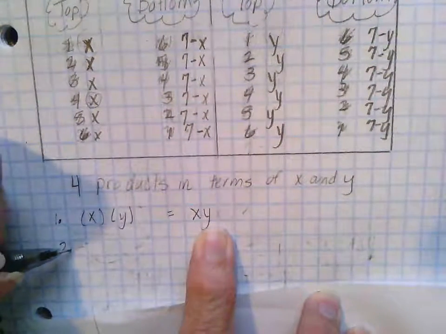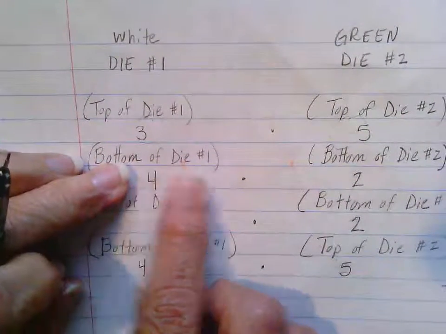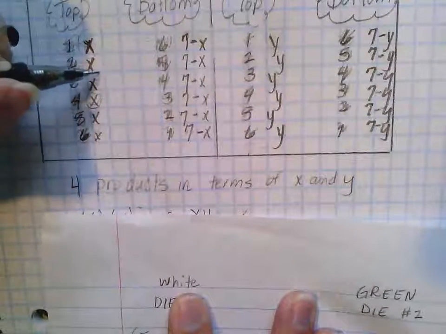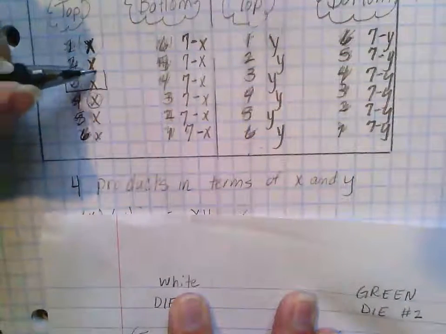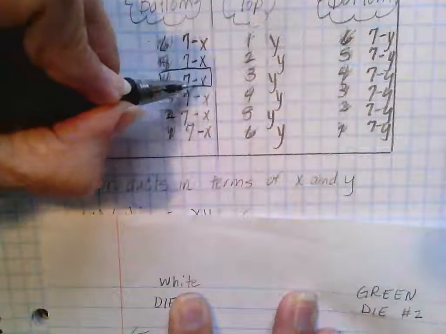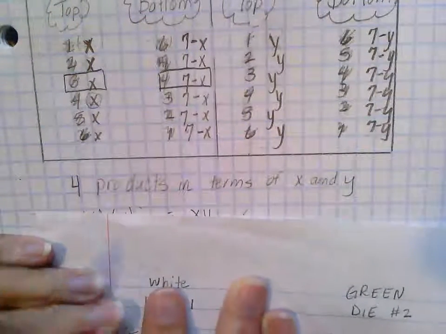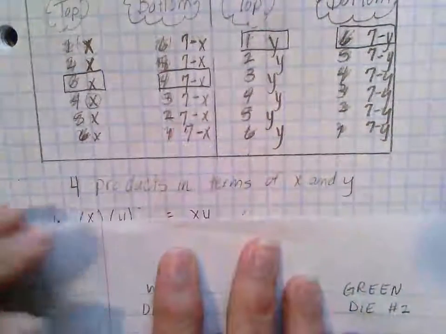My second step was to take the bottom of die 1 and the bottom of die 2. So again, we'll just say that we're working with 3 and 4 here, and we'll say over here it was 1 and 6, just so we can focus in on some things.